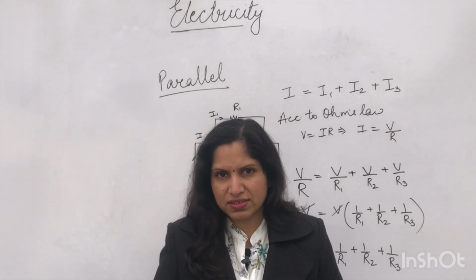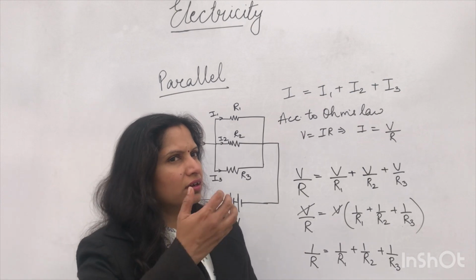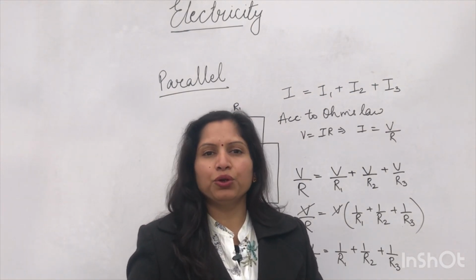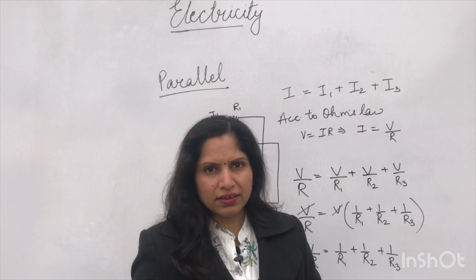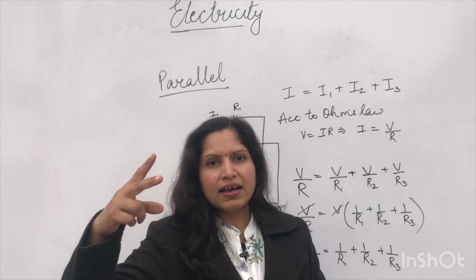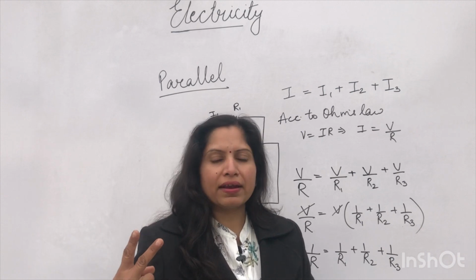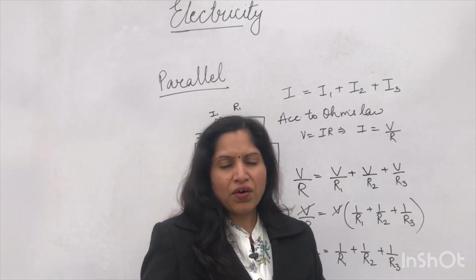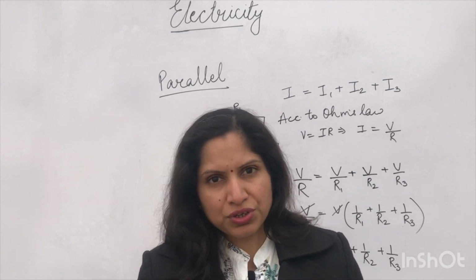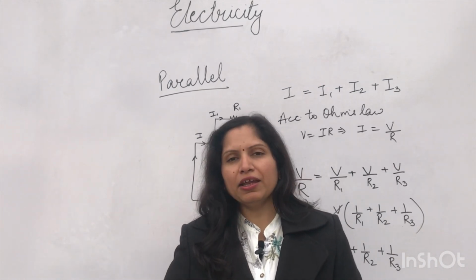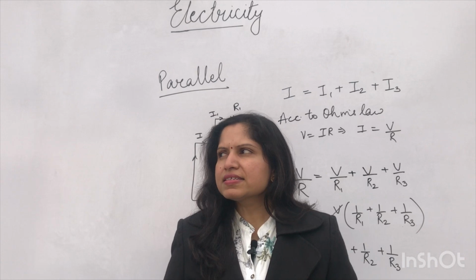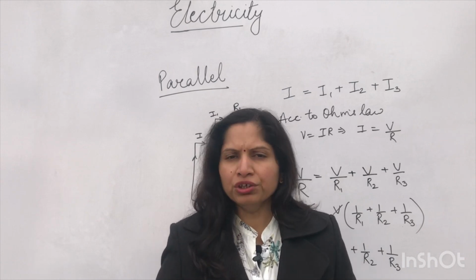Suppose we have three resistors, each having a resistance of say 9 ohm. What will be the total resistance of the circuit if they are connected in series and if they are connected in parallel? Also find out the current passing through the circuit in both the combinations, if the applied potential difference is say 18 volt.